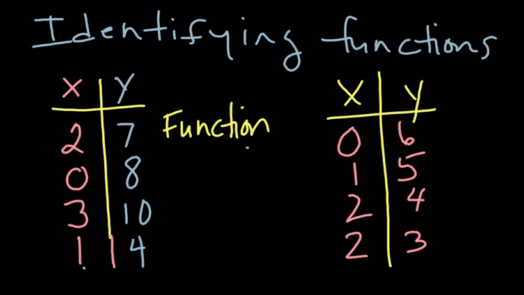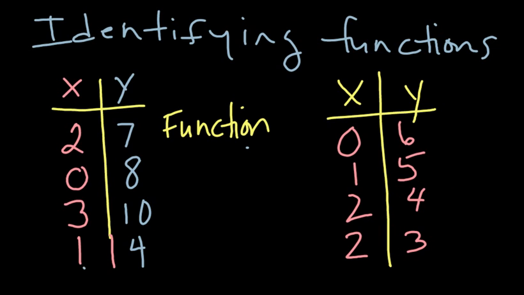Okay, look at the next example. Here's another input-output table. When I have 0, I get 6. When I have 1, I get 5. When I have 2, I get 4, and when I have 2, I get 3. Wait a minute. When I put in the number 2 for an input, I get 2 different outputs.